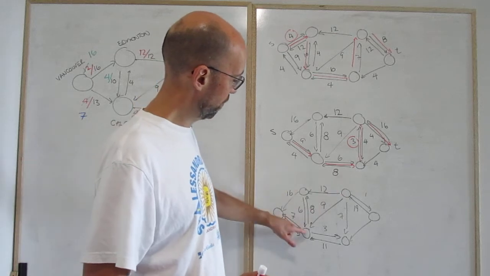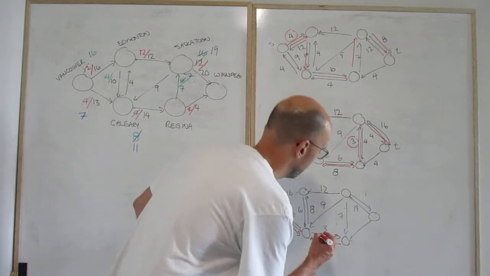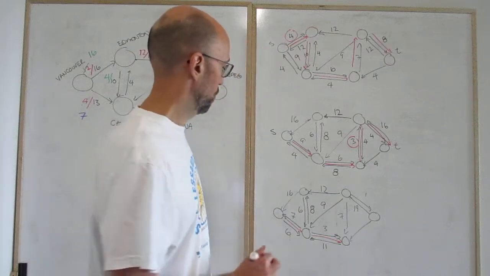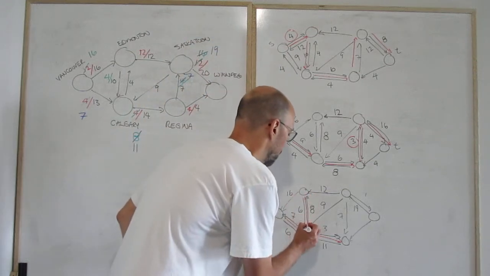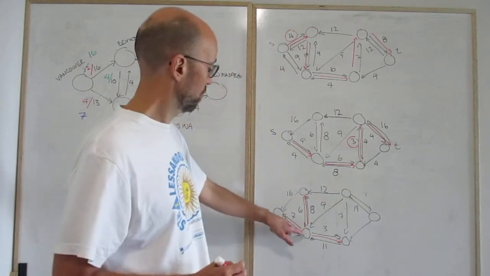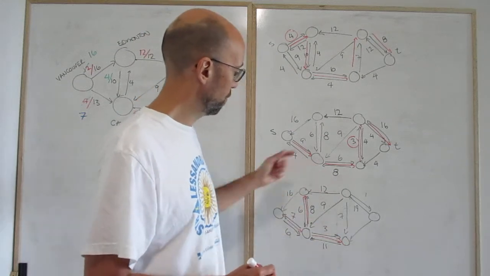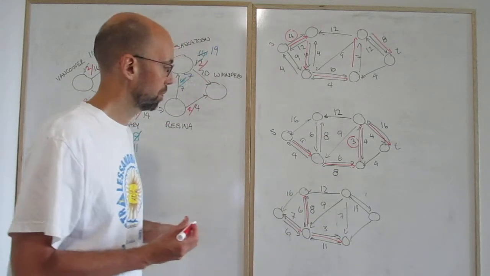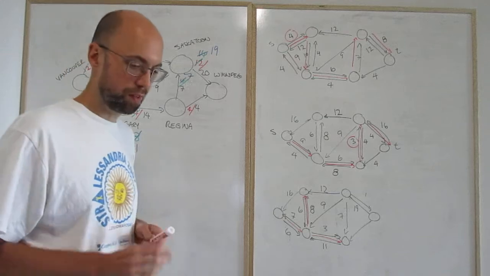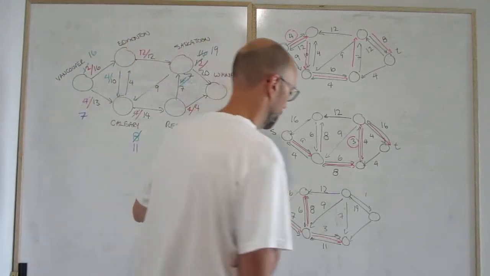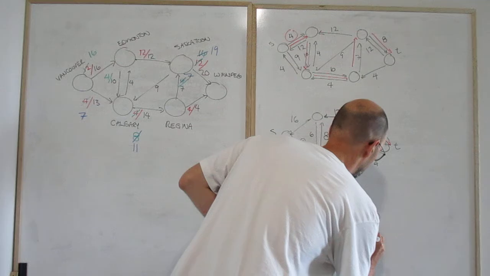We can't go across that edge. We can go here. So let's just draw the paths we could take. We could go here, we can't go anywhere else. We can go here, now we can't go anywhere else. All right, so this is 4.